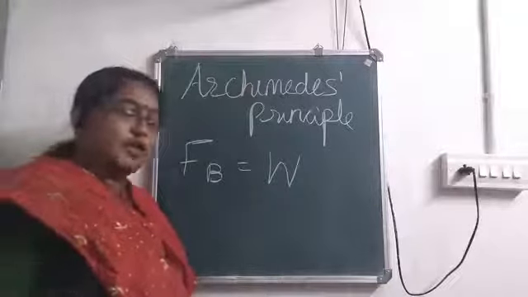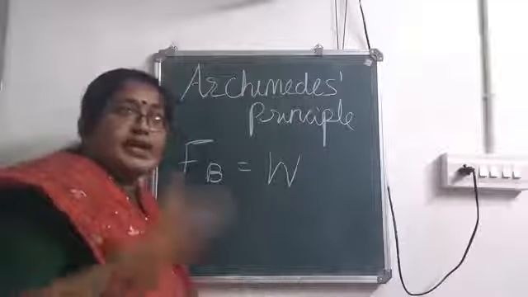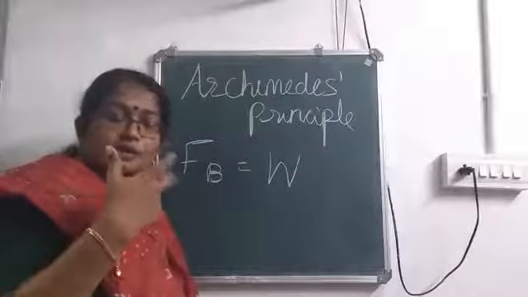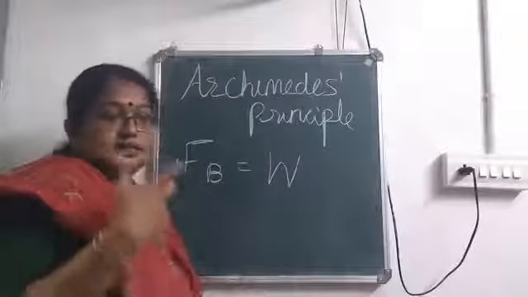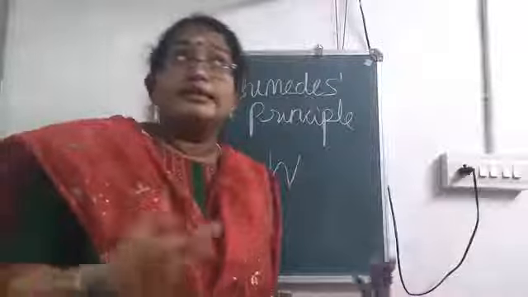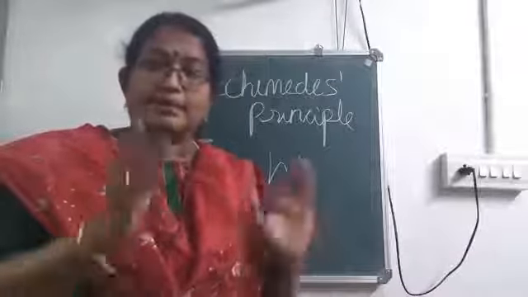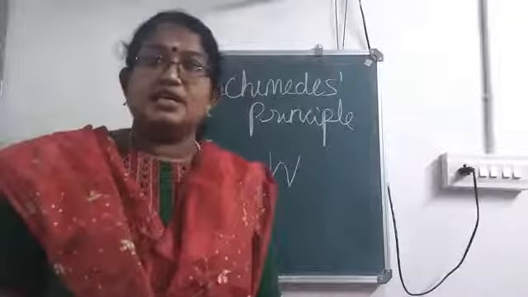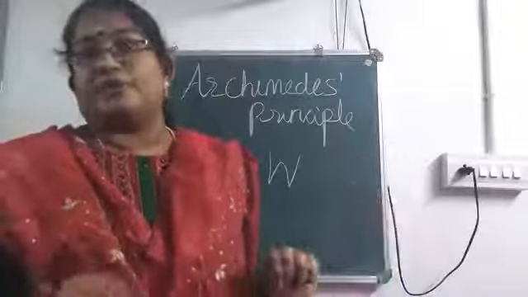Already I told you, when you put a body in a liquid, this body has volume. It needs some space to occupy. So this body will displace an amount of water equal to its volume.